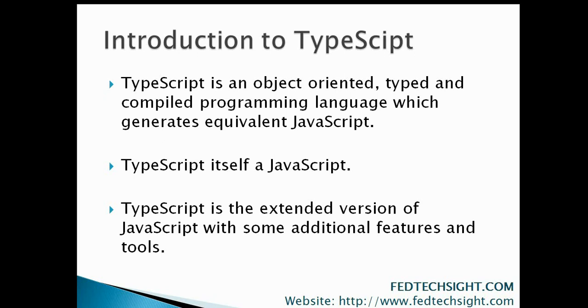So it is basically for developers who know object oriented programming, like C Sharp and Java, but are not familiar with JavaScript programming syntax, because JavaScript is not object oriented, but is used in a prototypal object oriented manner.